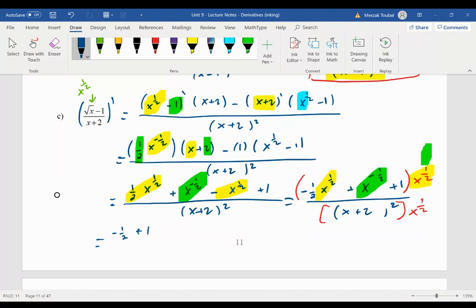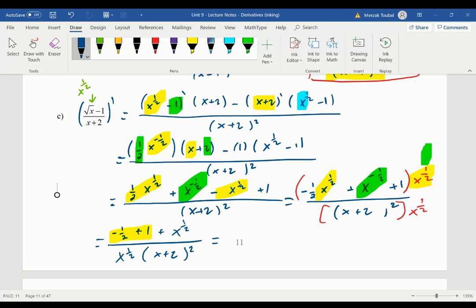And then 1 times x to the 1 half, that's still x to the 1 half. Then on the bottom, you have x to the 1 half times x plus 2 squared. So last step, 1 minus 1 half is 1 half.